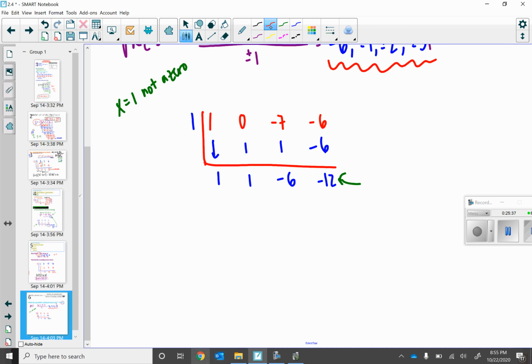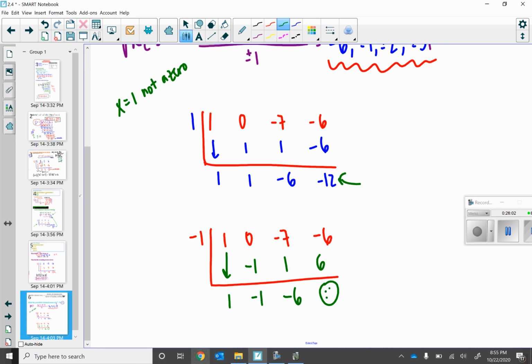Sometimes you'll get lucky on the first try, sometimes you won't. Let's try -1. So we have 1, 0, -7, -6. Start by pulling down the 1. 1 times -1 is -1. 0 plus -1 is a -1. -1 times -1 is a +1. We would get -6, a +6, and hey, that is a factor.